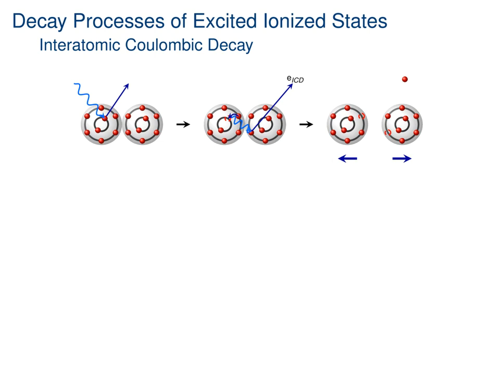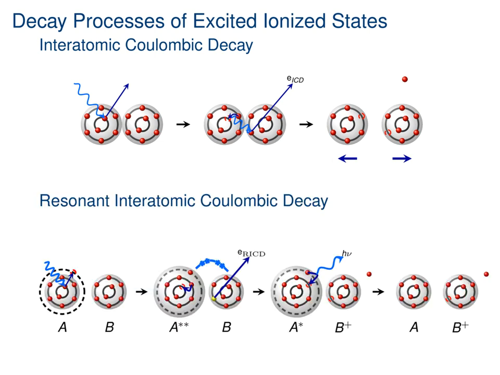And this one then gets ionized. This creates two entities which are both singly ionized and positively charged, and therefore repel each other, and a free electron. Electronic decay processes have their resonant counterparts, which are not initiated by ionization, but by inner shell excitation.